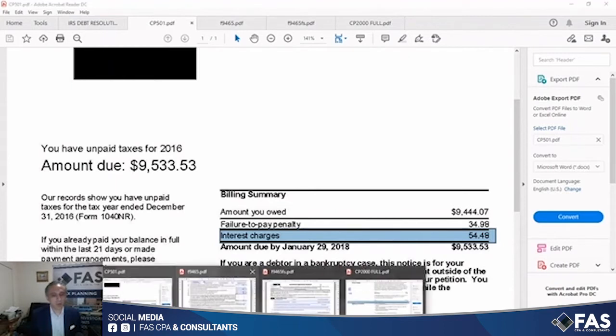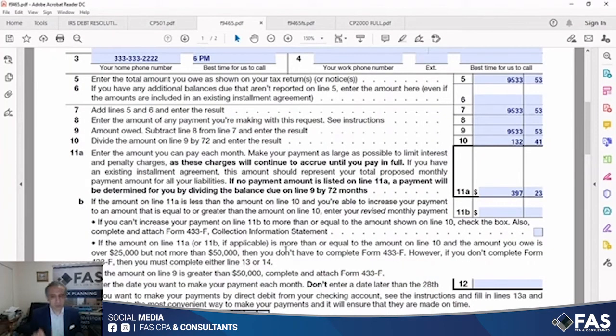Do that only if this payment is not enough, if paying the IRS will take the food off your table.